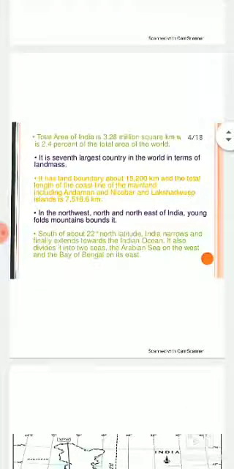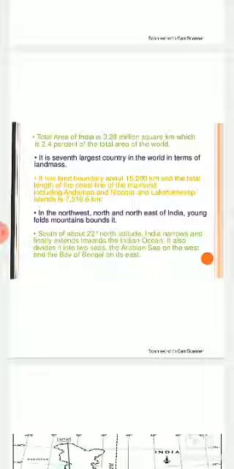Now, moving to the next point, you can see here total area of India is 3.28 million square kilometer, which is 2.4% of the total area of the world.